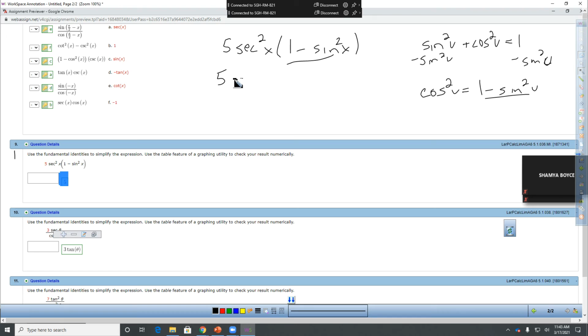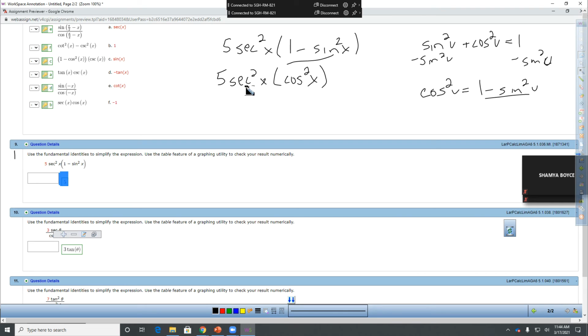So what I can do is change this, right? Simplifying means get rid of parentheses, combine like terms, things like that. I can take that and replace it with cosine squared of x, I'm using x, not u, sorry. Because cosine squared of x is equal to 1 minus sine squared of x, I can replace that.